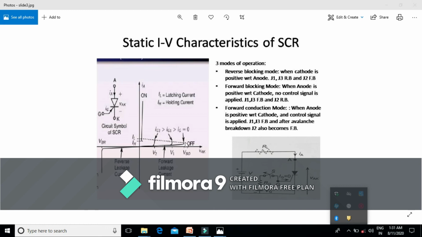By applying the gate current, the depletion layer across junction J2 gets reduced, and it quickly changes the state from off to on. Similarly, the greater the amount of gate current, the less time it will take to turn on.